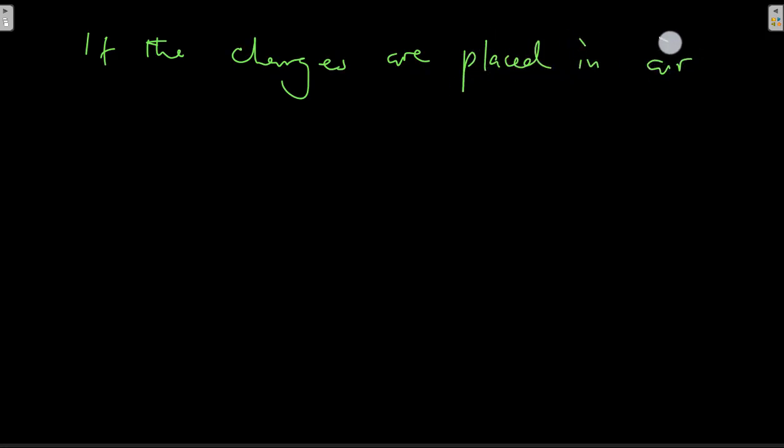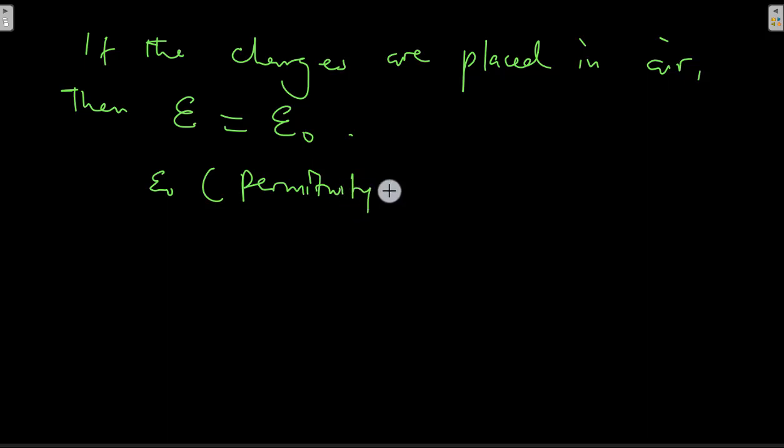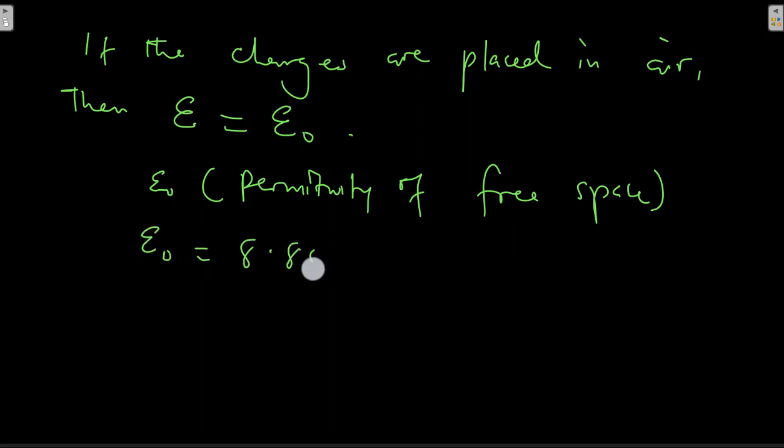If the charges are placed in air, then epsilon will be equal to epsilon naught, where epsilon naught is called the permittivity of free space, and epsilon naught is 8.85 times 10 to the negative 12 farad per meter.